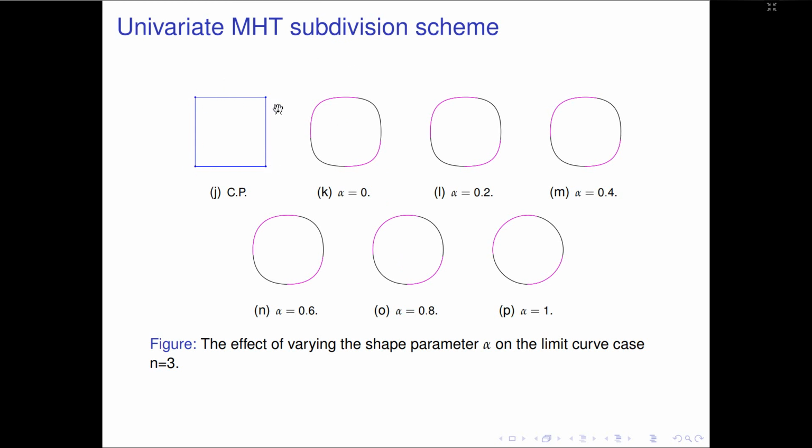In blue we have a control polygon, and by applying our scheme to the same control polygon but changing the values of alpha, we can see that the shape of the limit curve changes from the hyperbolic one to the trigonometric one. However, in the case of alpha strictly between 0 and 1, we have the mix between.